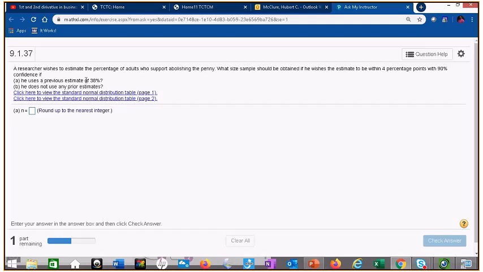A, we've already done. P hat is 0.38, so therefore Q hat is 0.62. So 0.62 times 0.38 times, give me a 90% Z-score. What's 90%? I do not have that far down. Okay, so let's do inverse norm.